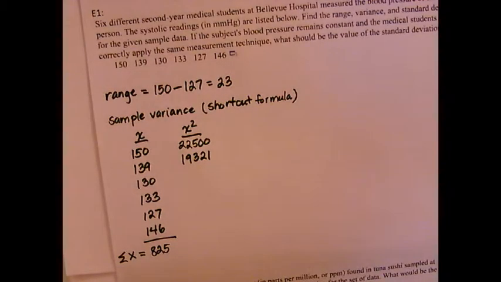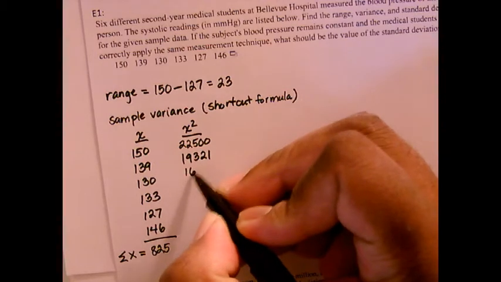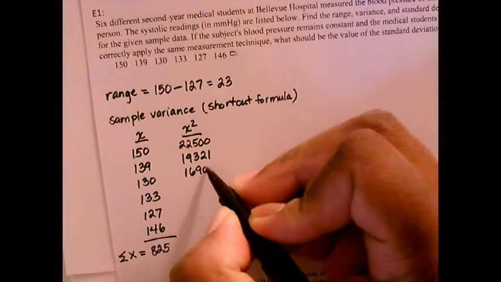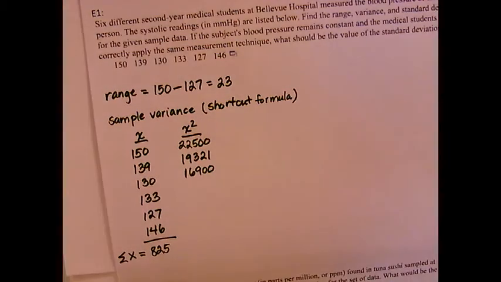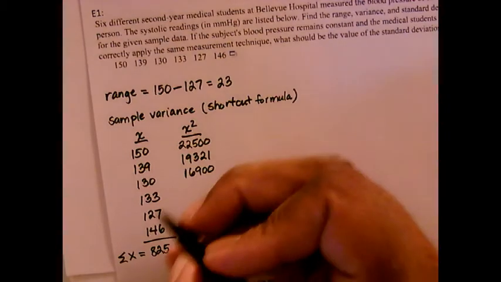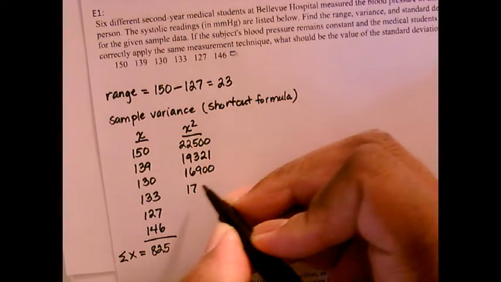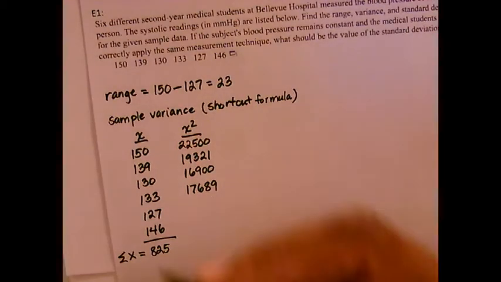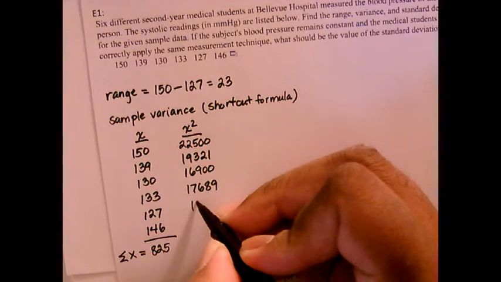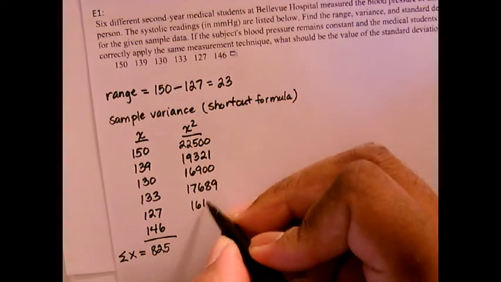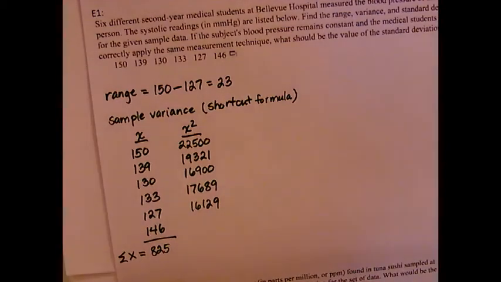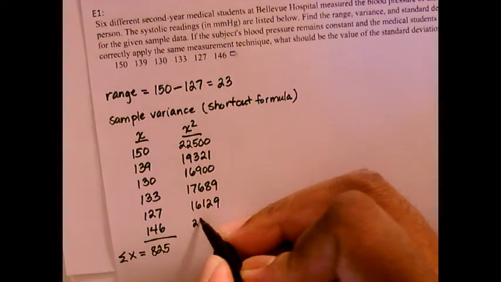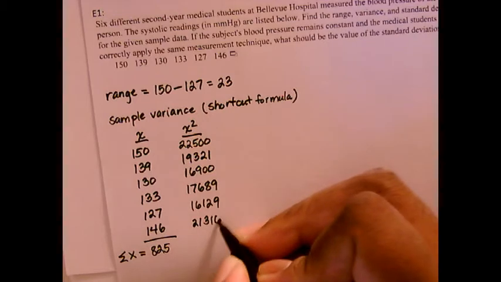And then for 130, you're going to get 16,900. That's 130 squared. 133 squared will be 17,689. 127, and if you square that, that's going to be 16,129. And then 146, and if you square that, that's going to be 21,316.